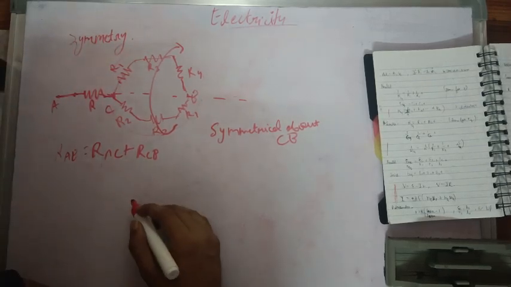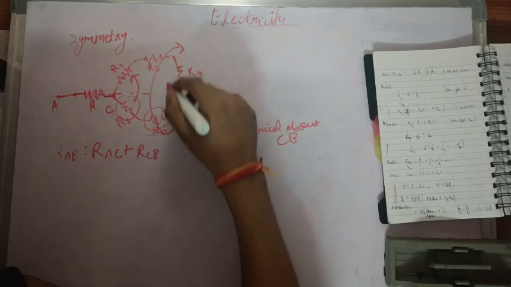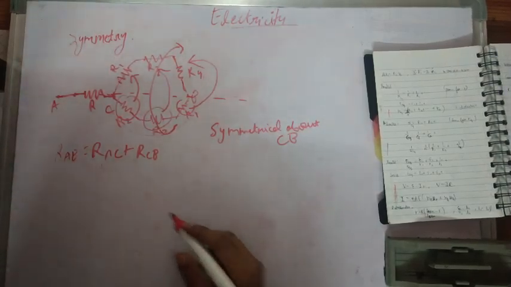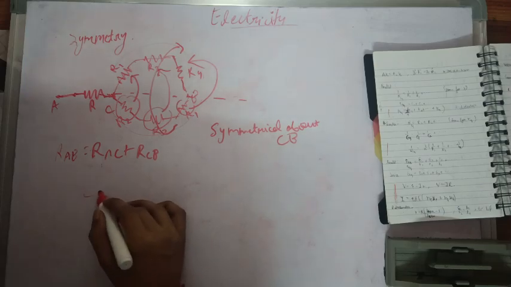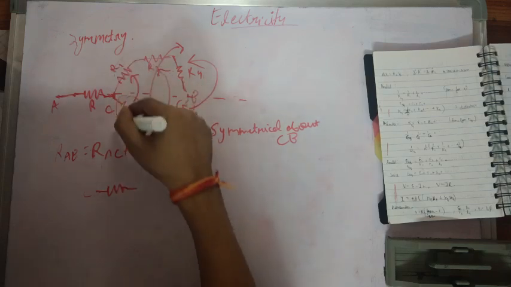So this will get added parallelly to this, this will get added parallelly to this, and this will get added parallelly to this. So this will make the C to B arrangement look like this.